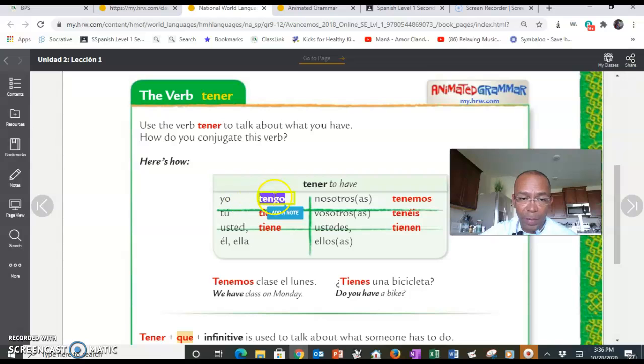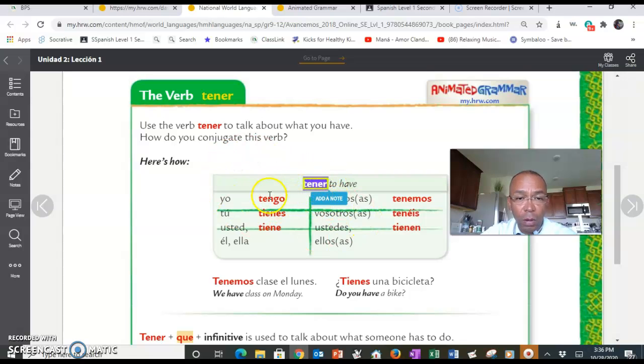You cannot mix match. Nor can you leave the verb in its infinitive form. You cannot leave it like this. Okay? If you want to say I have, you cannot just say I tener. That would be really bad. So you don't say that. You don't do it. You change it. You conjugate it. Okay? That is what a conjugation means. Yo tengo. Okay? You change the ER and change it like here.